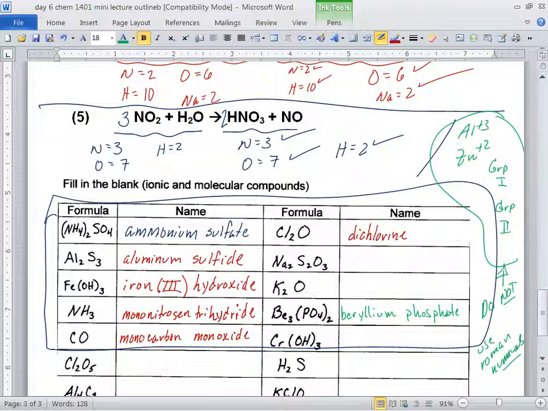The mono in front of the carbon is not necessary. A lot of people drop it.